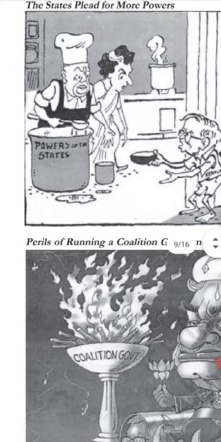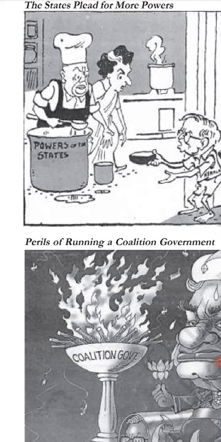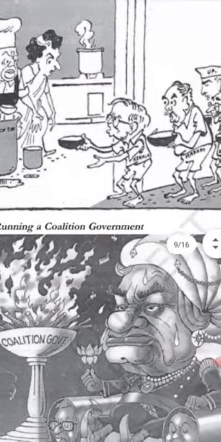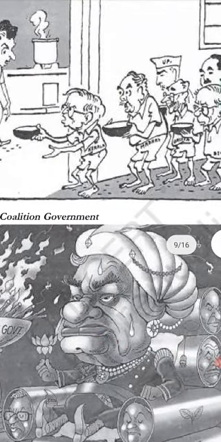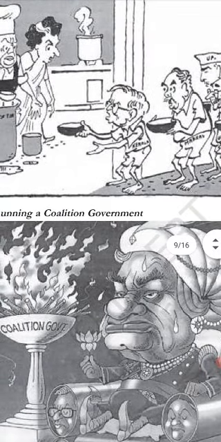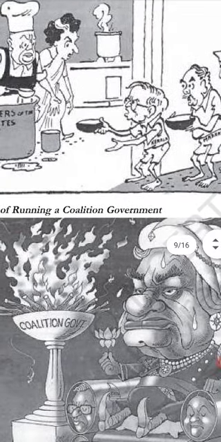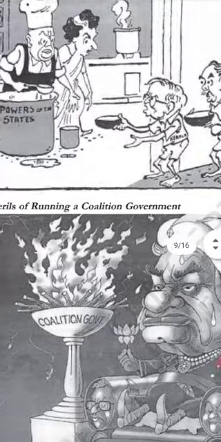Now, this cartoon or above picture shows the time before 1990 when the central government was more powerful, and these were the state governments, and they just had a bowl in their hands and they wanted some powers from the central government.